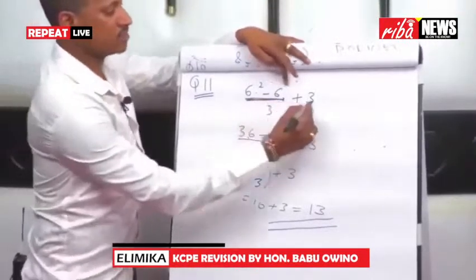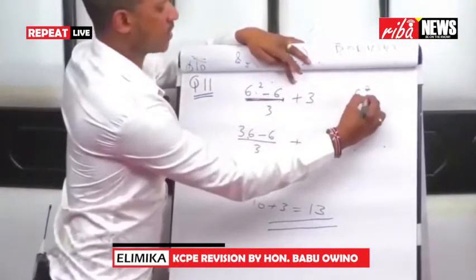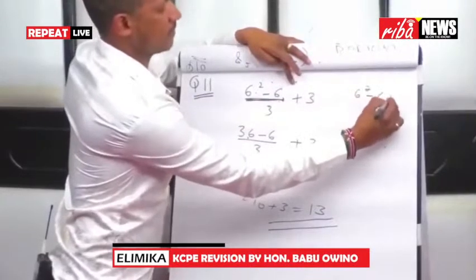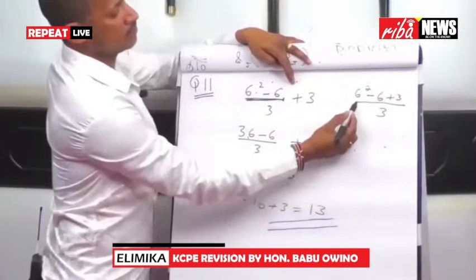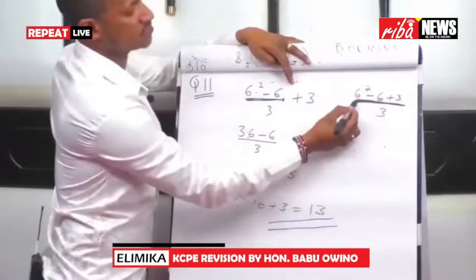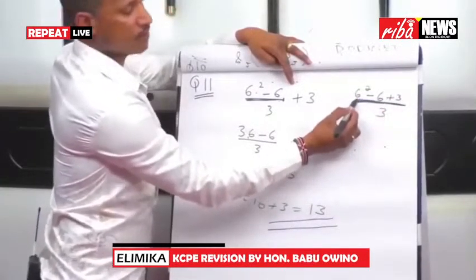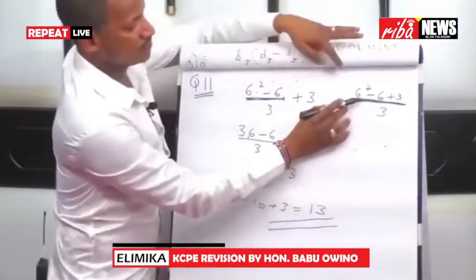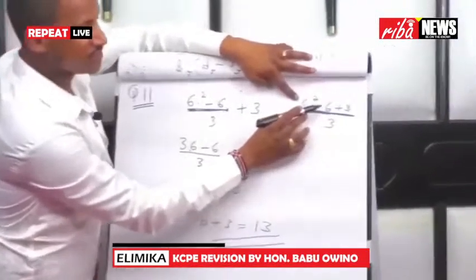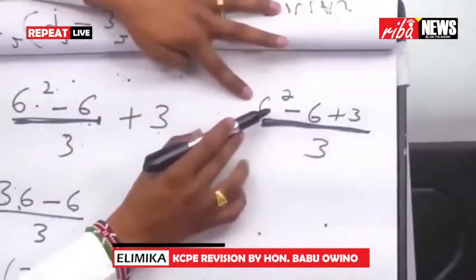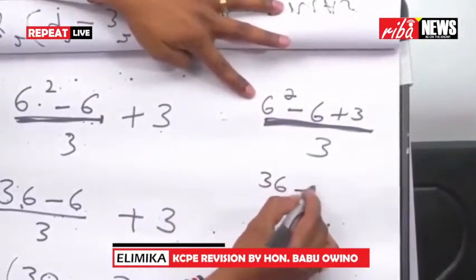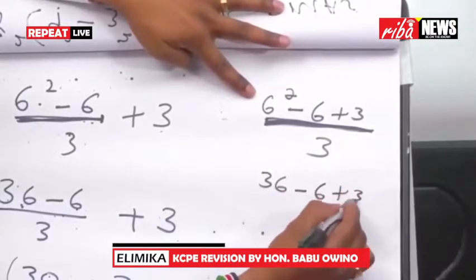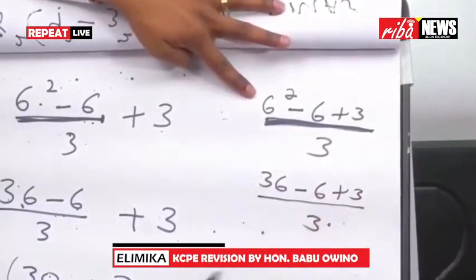So this is different when it is written like 6 squared minus 6 plus 3 divided by 3. You have to be very careful on where the division sign ends. If it were this way, then you would have started with the numerator, which is, you square this first, is 36 minus 6 plus 3 divided by 3.